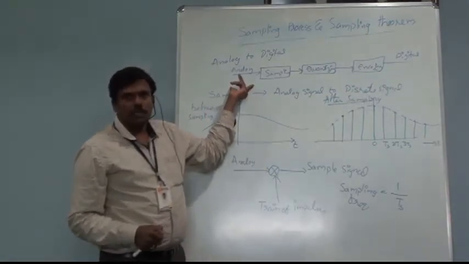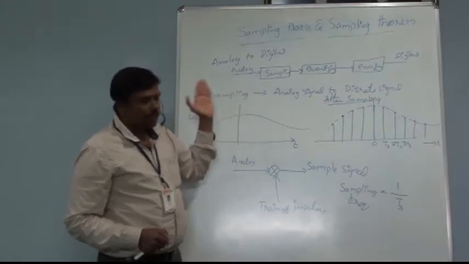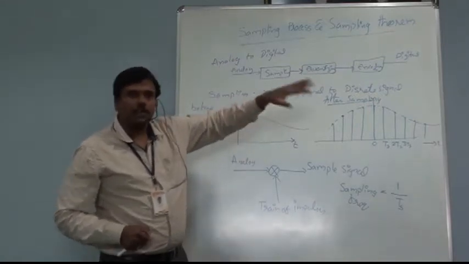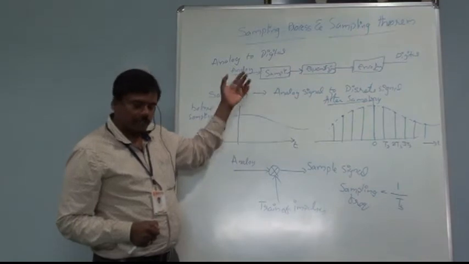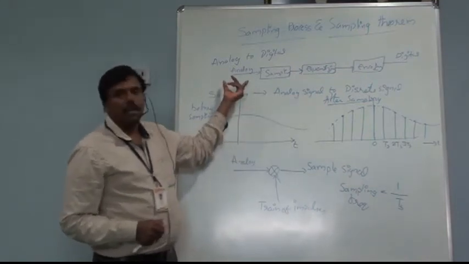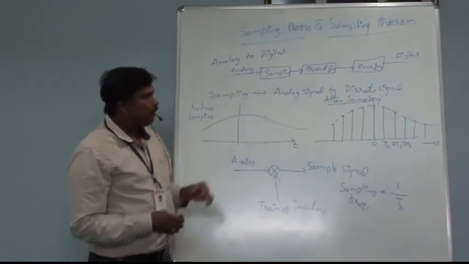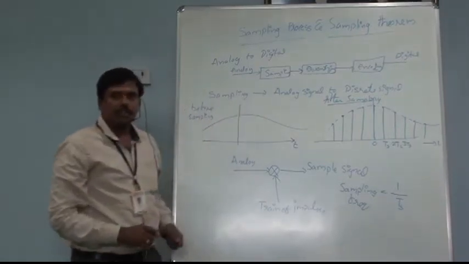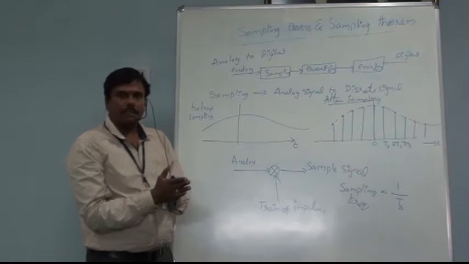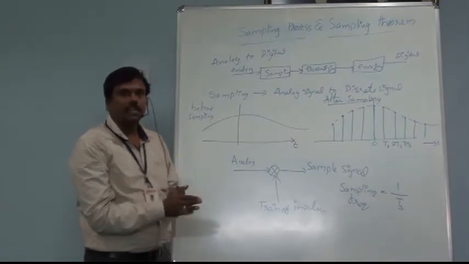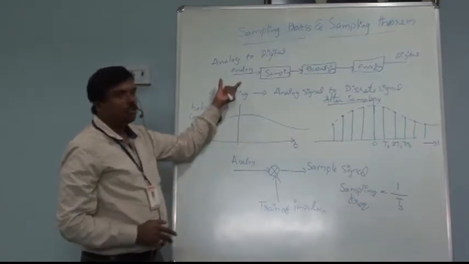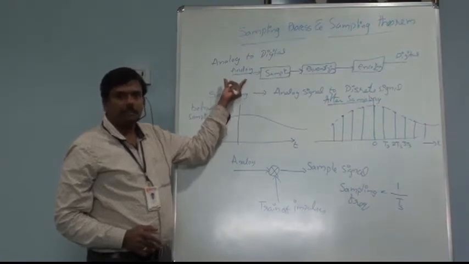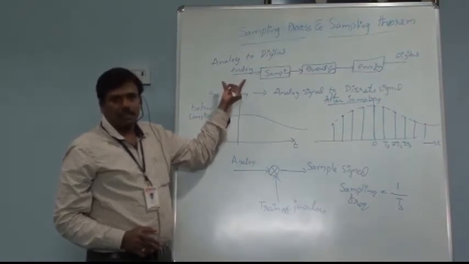So for that purpose, from the digital, we need to reconstruct the analog information. For that purpose, at the receiver side, the reverse of the sampling process is required. That is nothing but from the samples, we need to reconstruct back our original information, that is nothing but the analog signal.